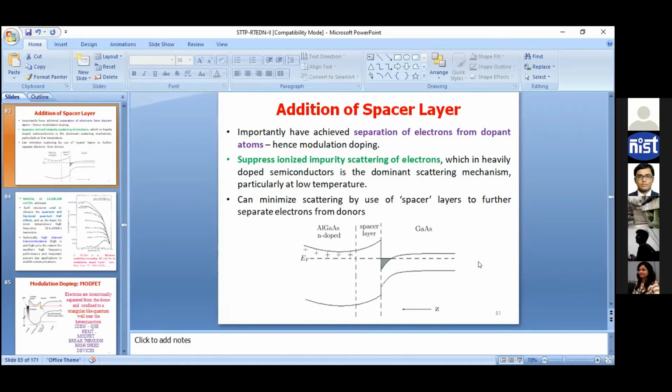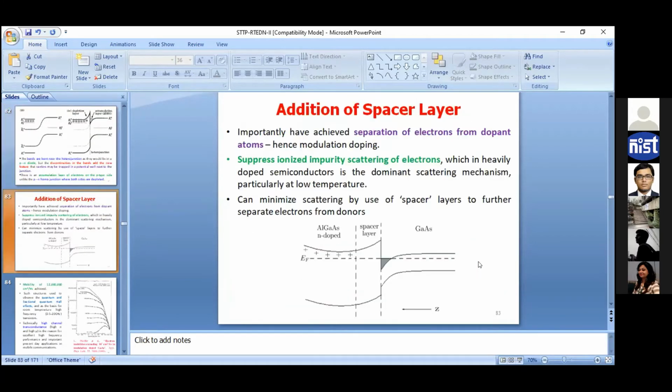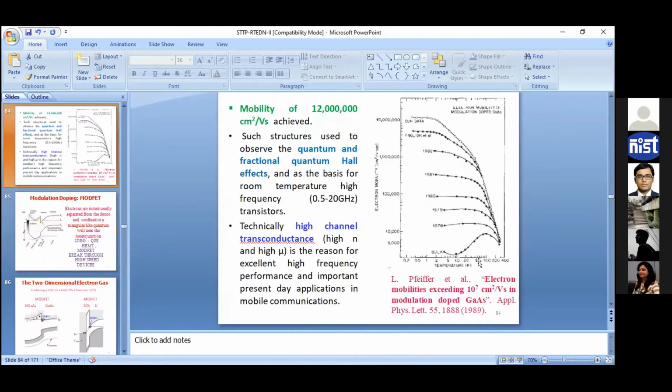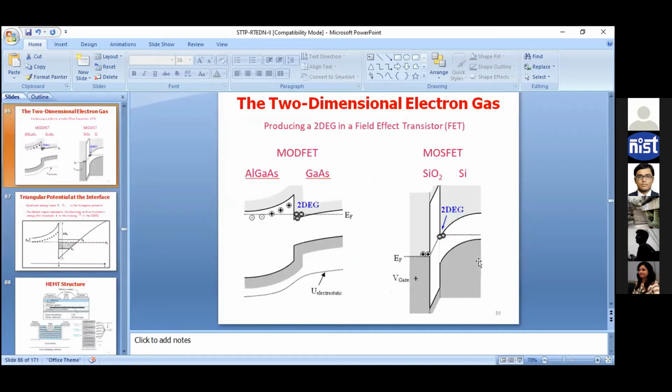Sir, you have mentioned capital N in AlGaAs and small n in GaAs. What is the difference between this capital N and small n? I think it is maybe slide 89.